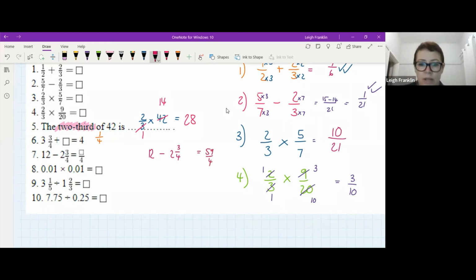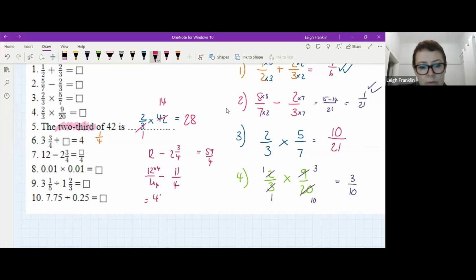Is that the right answer? I'm not sure. So we would say, that would be 8. So that would be 11/4, right? And then we would have to times that by 4 and that by 4.